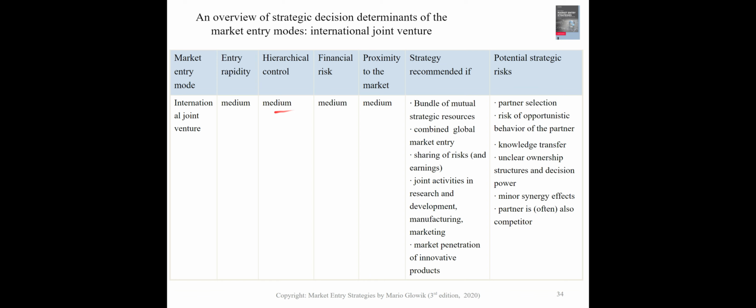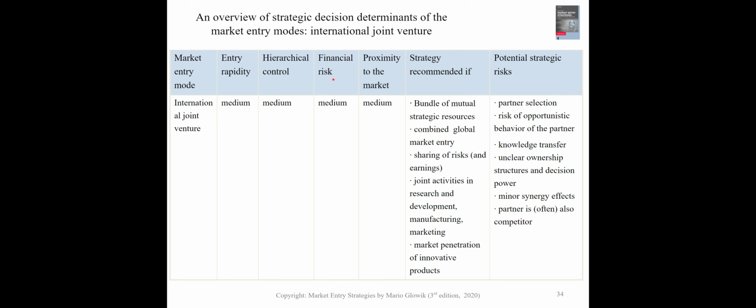The difference between international strategic alliances and an international joint venture comes along with the fact that in case of an international joint venture, there's a third legally independent company established, which is not the case for strategic alliances.